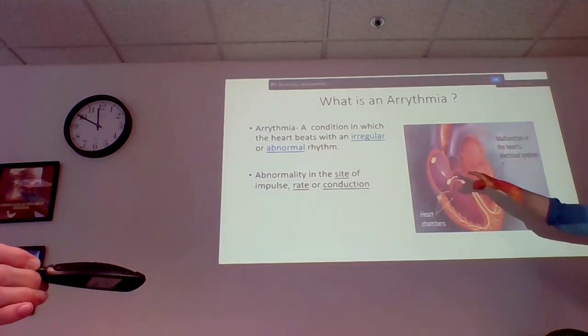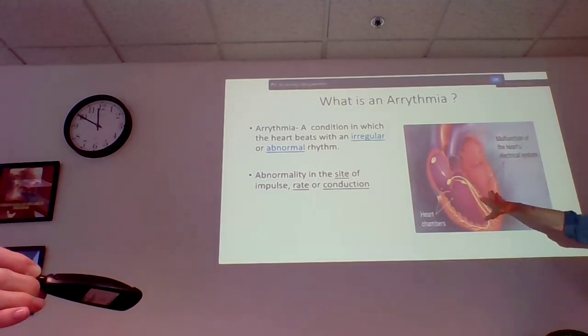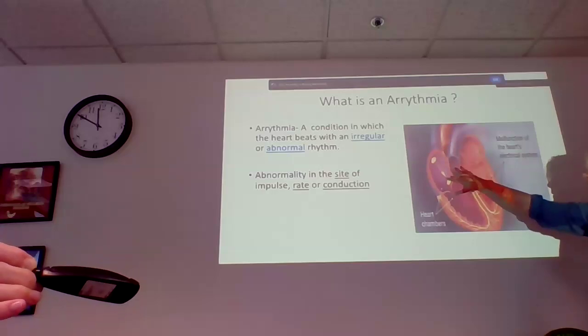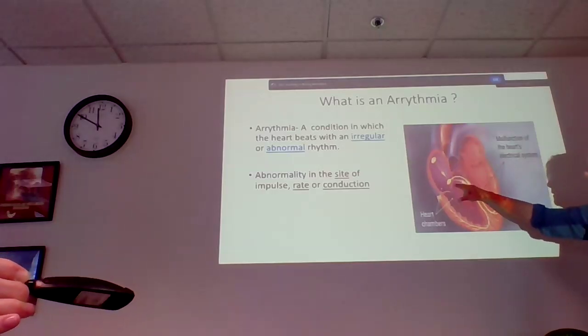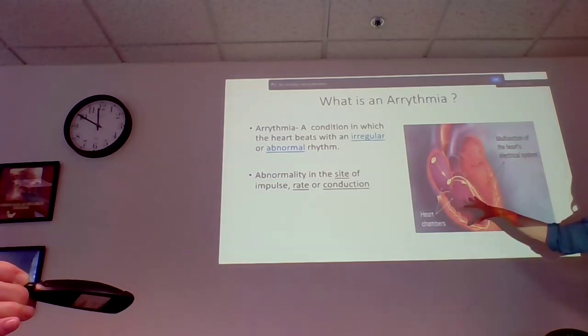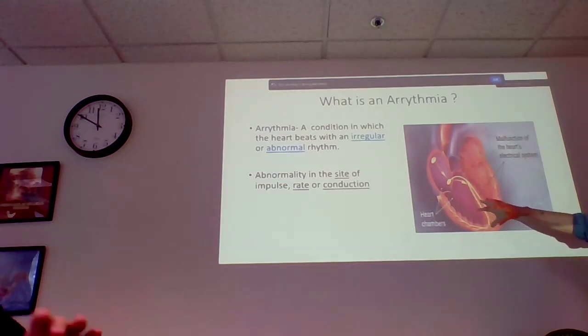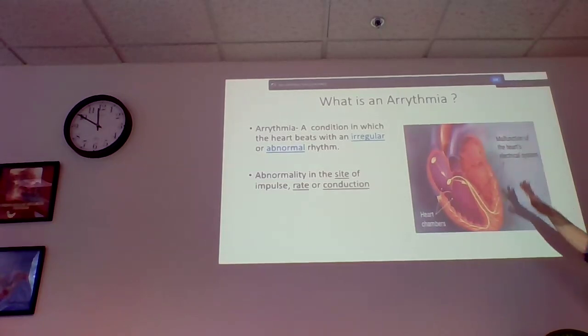And then from there, the AV node sends the electrical conduction message out to the ventricle. So there's first the top part of the heart beats and then the bottom part of the heart beats. So SA node, AV node, and then out to the bundle branches, which is where some of you said you've had problems, and the Purkinje fibers, which make the heart beat. So that's the normal thing that happens.